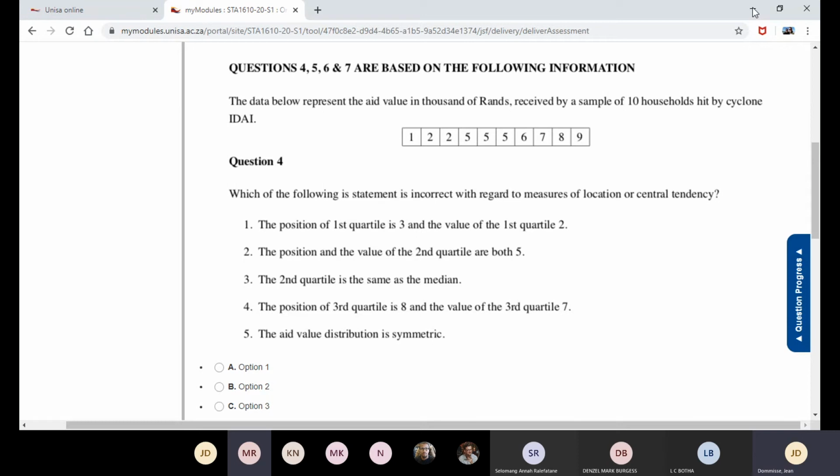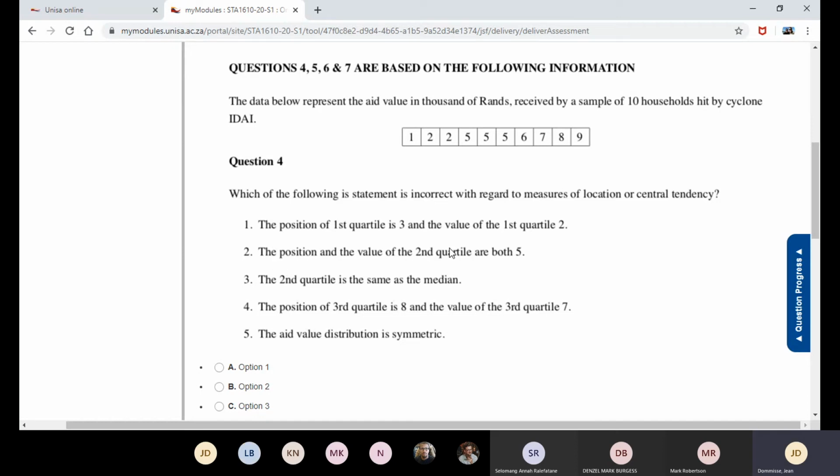But what is the position of the second quartile? Is that not 5.5? Yeah, position 5.5.